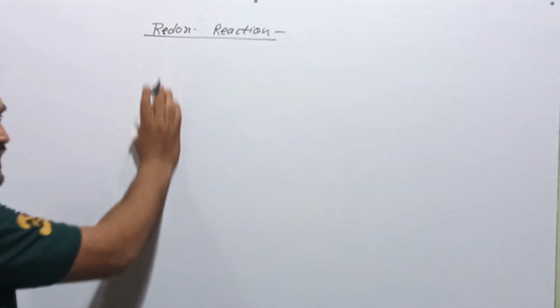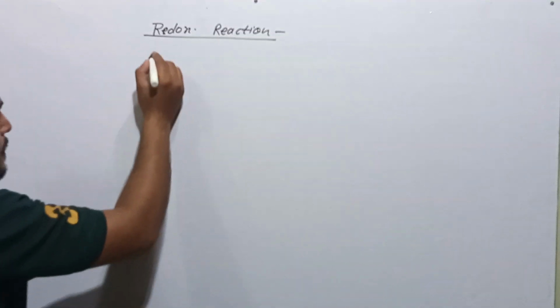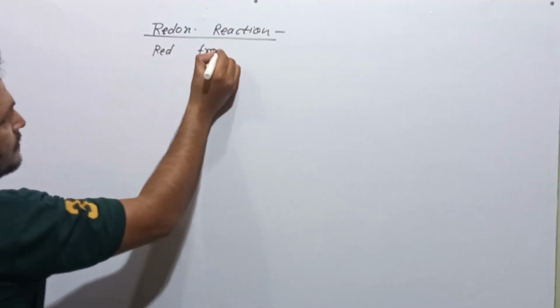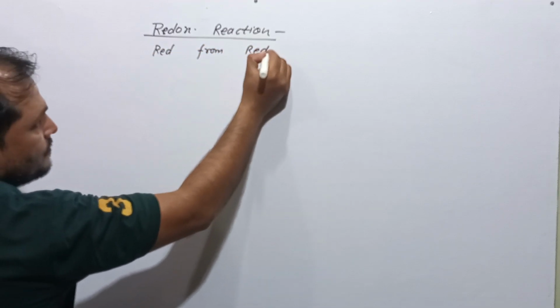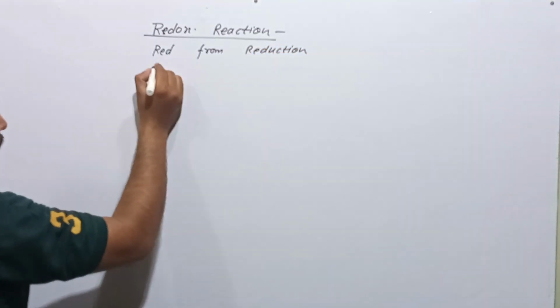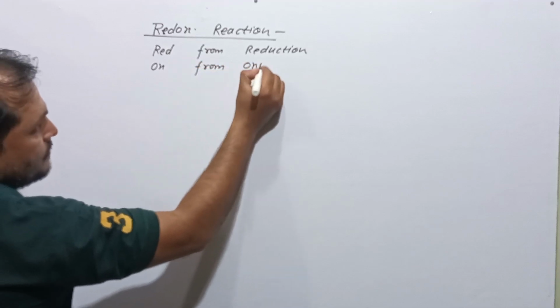We can see in this name, redox: red from reduction and ox from oxidation.